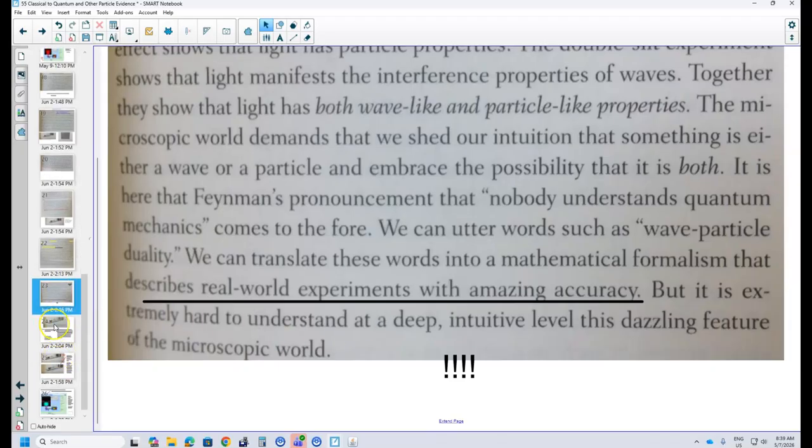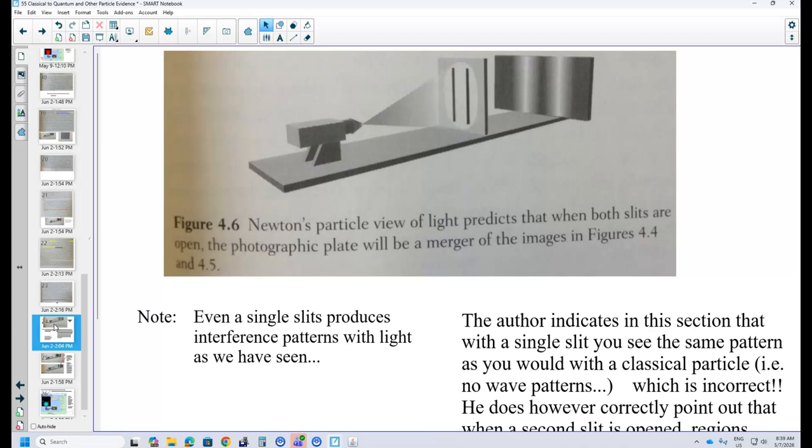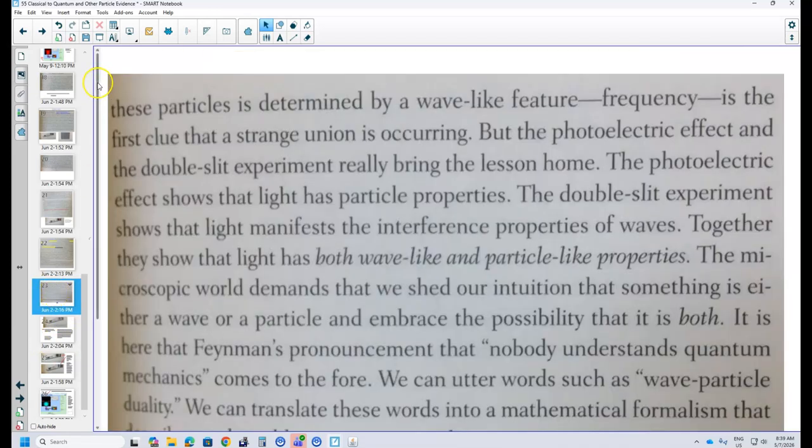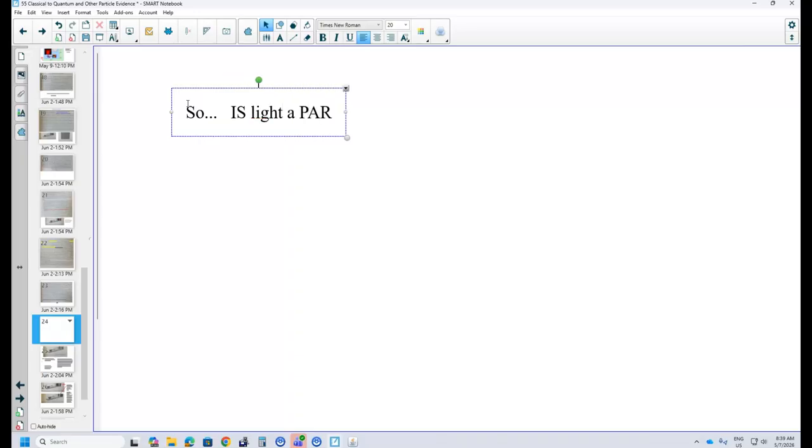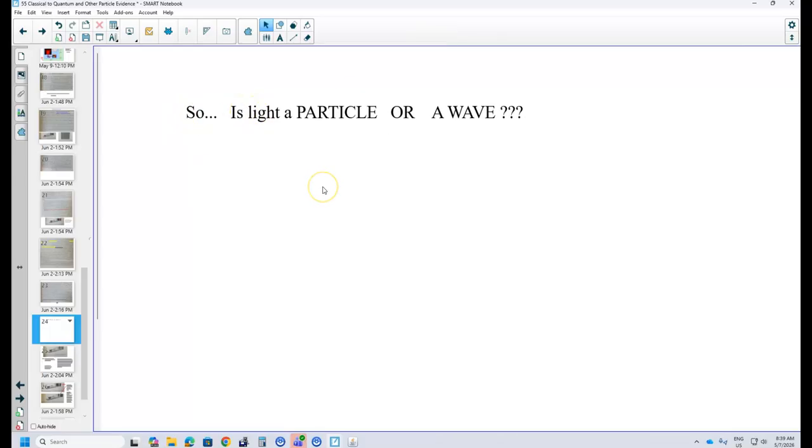So the punchline from all of this debate is, here we go: is light a particle or a wave? Okay. And the answer is yes.